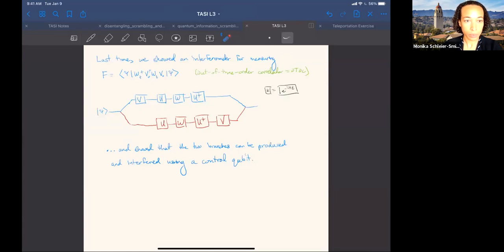And so the basic idea, let's be explicit when I say we have two copies.